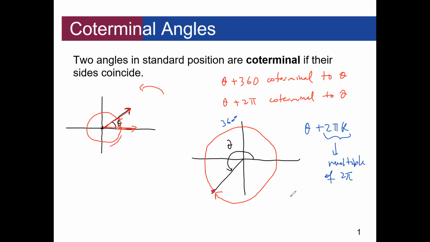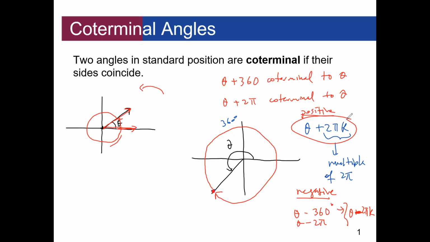So in the negative direction, I will just do theta minus 360 if it's degrees. If it's radians, then I will do theta minus 2 pi. To generalize this, I will just do theta minus 2 pi k, just like I did over here.